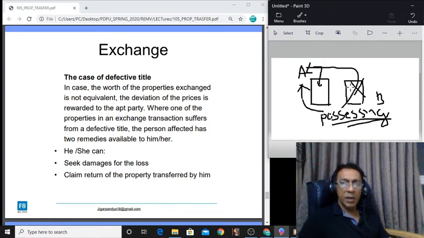So if both the parties, let's say A has taken possession and B has taken possession of this property, it is difficult for the court also to get this property back to A.